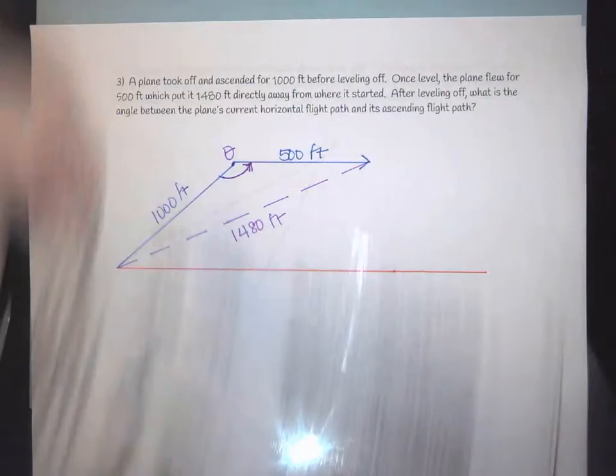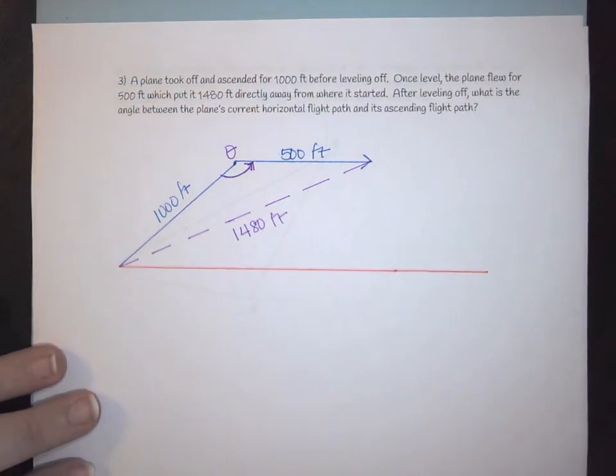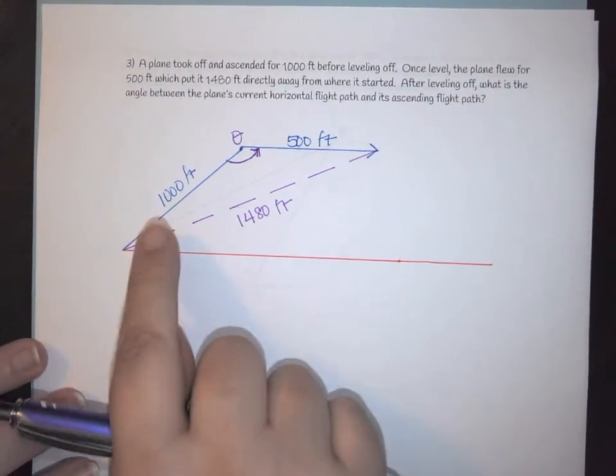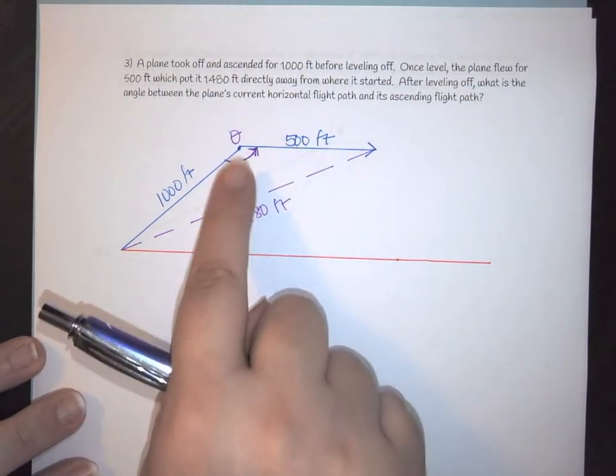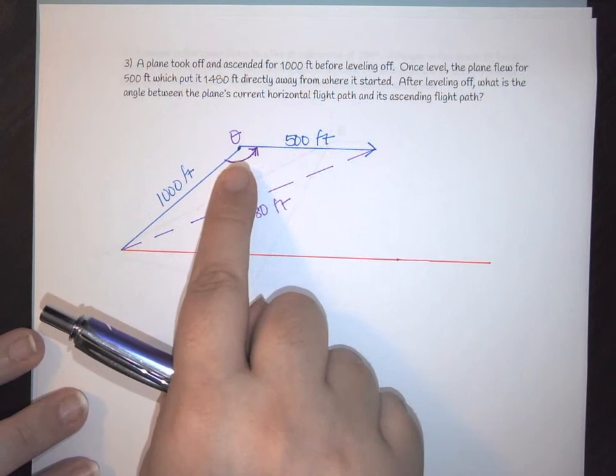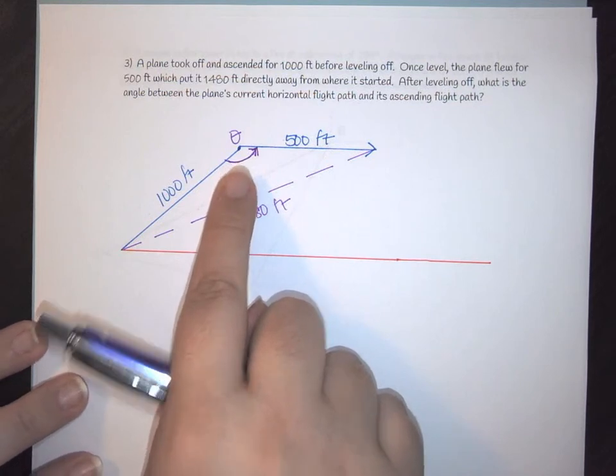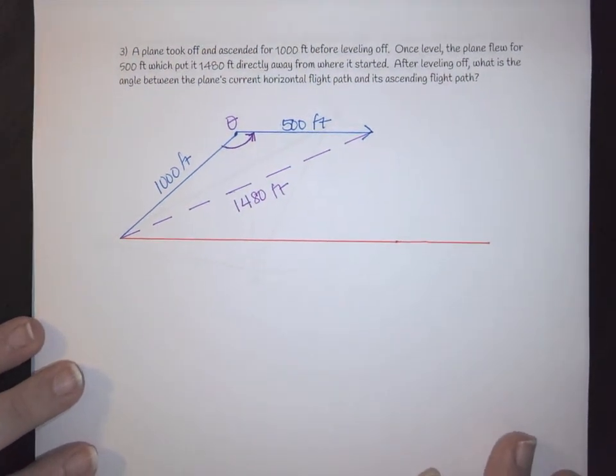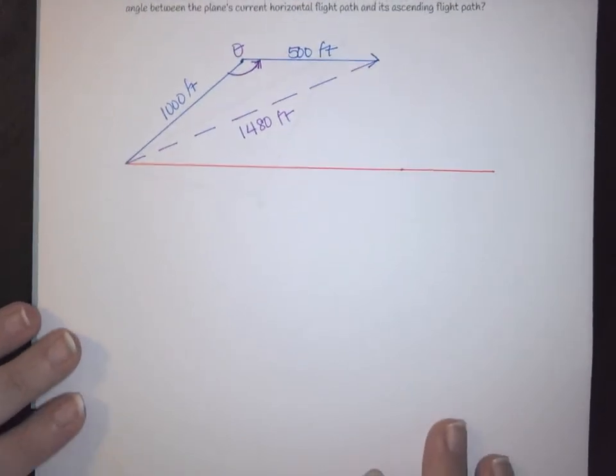So if we look closely at what we've got, we have 3 sides and a missing angle. So here we are going to use the law of cosines this time in order to find our information.